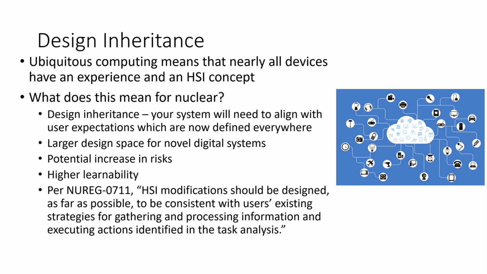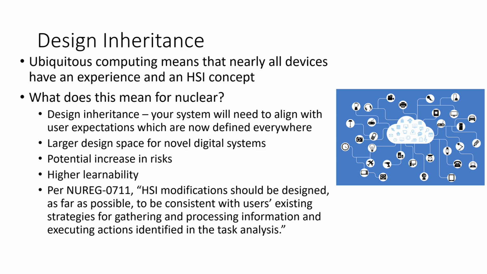As we design HSIs, we need to be wary of when we deviate from different designs that our users will expect. This is just an example from the Nuclear Regulatory Commission, but you don't have to refer to this one. Depending on your discipline scope, there may be other examples. NUREG-0711 is our human factors review model.